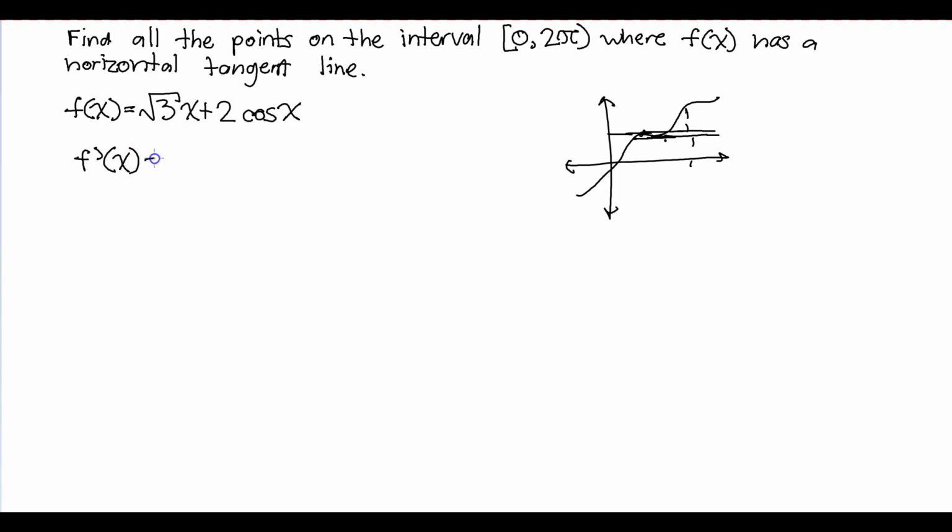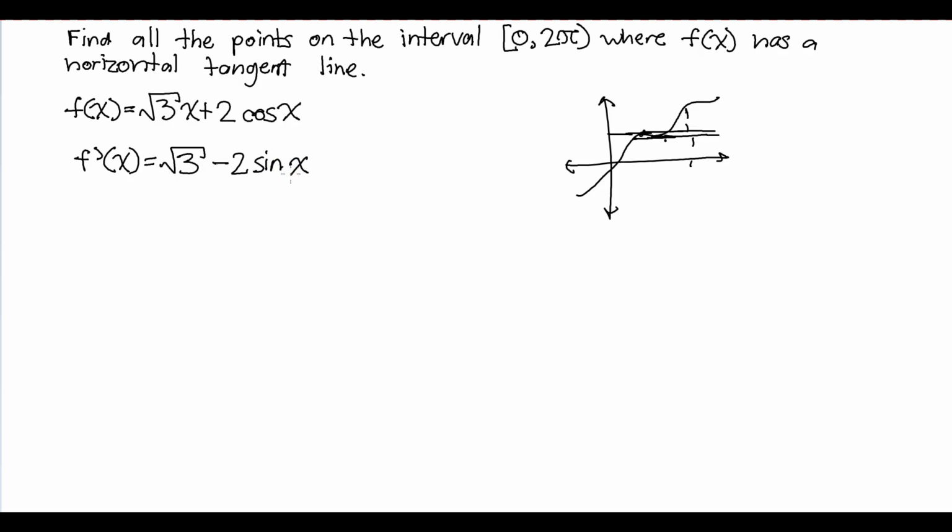So let's find f prime of x. Well, f prime of x will just be square root of 3, use the power rule, plus, nice, where that constant multiple rule comes in, you can pull out the 2, and the derivative of cosine of x is negative sine of x. So it should be a minus sign: minus 2 sine of x.